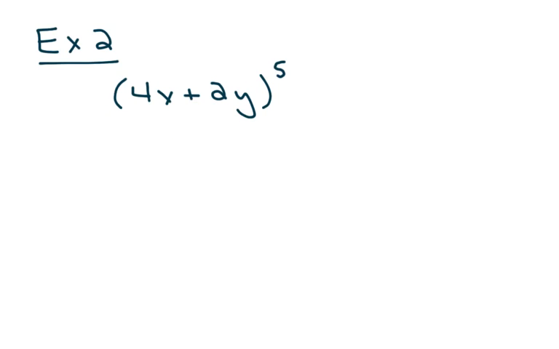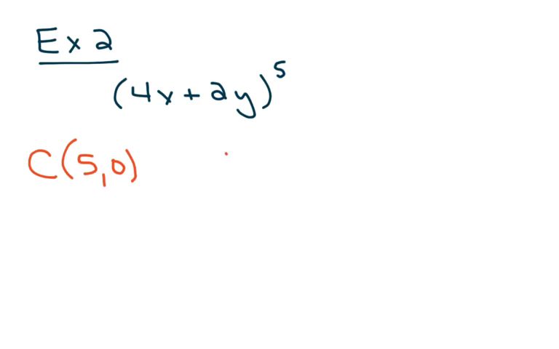Now here in example 2, although you probably wouldn't do the problem quite like this, I'm going to show you how the binomial theorem works. So notice that 4x plus 2y is being raised to the 5th power. So let's say you didn't know the coefficients and you wanted to find them. The first coefficient would be C50.